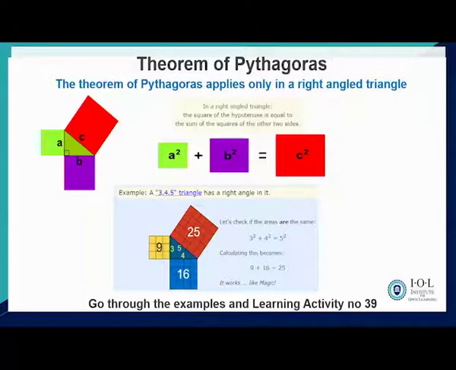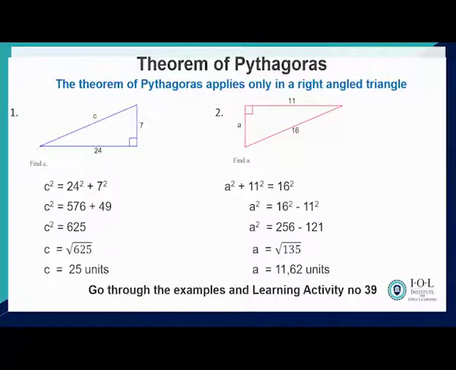And if I have the 25 and I have the 9, I can get the 16 by subtracting. So if you have the long side square minus the short side square equals the other short side square, you have to take the square root of that to get the length of the side. The long side we call the hypotenuse. We're going to use that a lot in trigonometry.